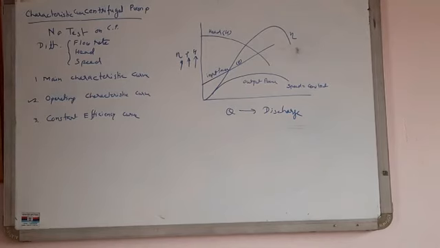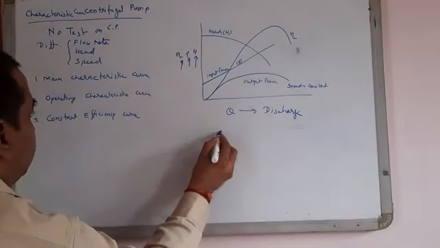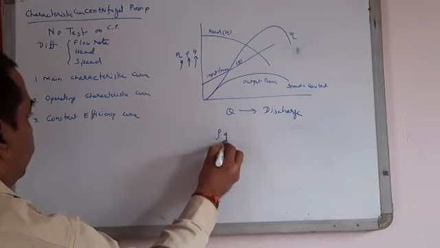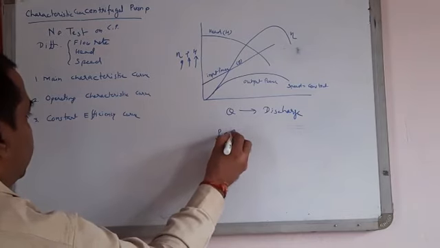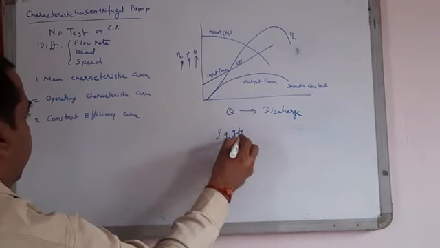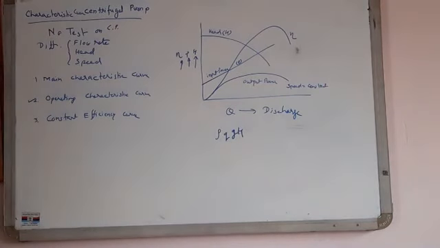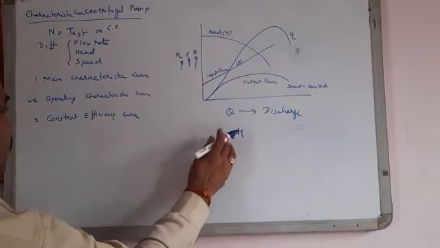The output power curve will start from the origin, at Q equal to 0. Output power, rho Q g H, will be 0 at Q equal to 0, where this Q is capital.